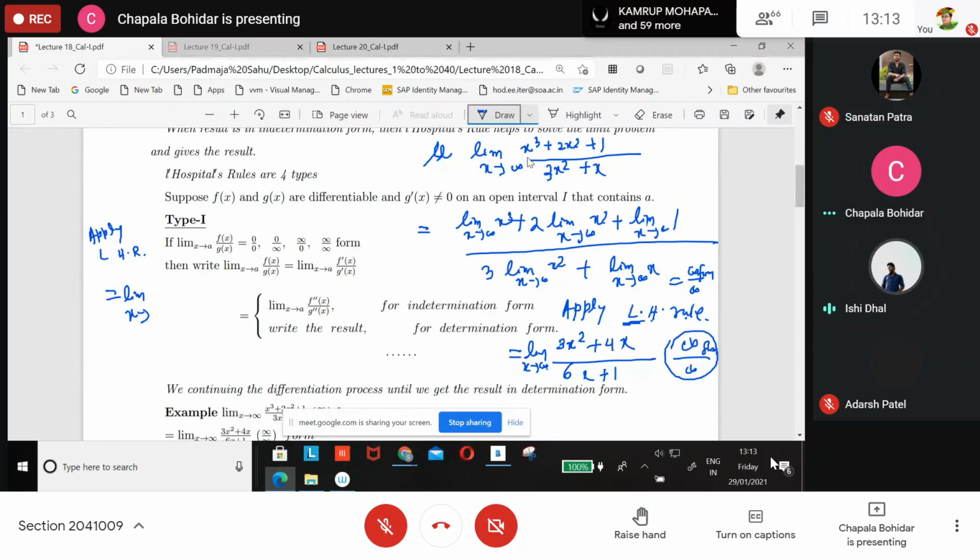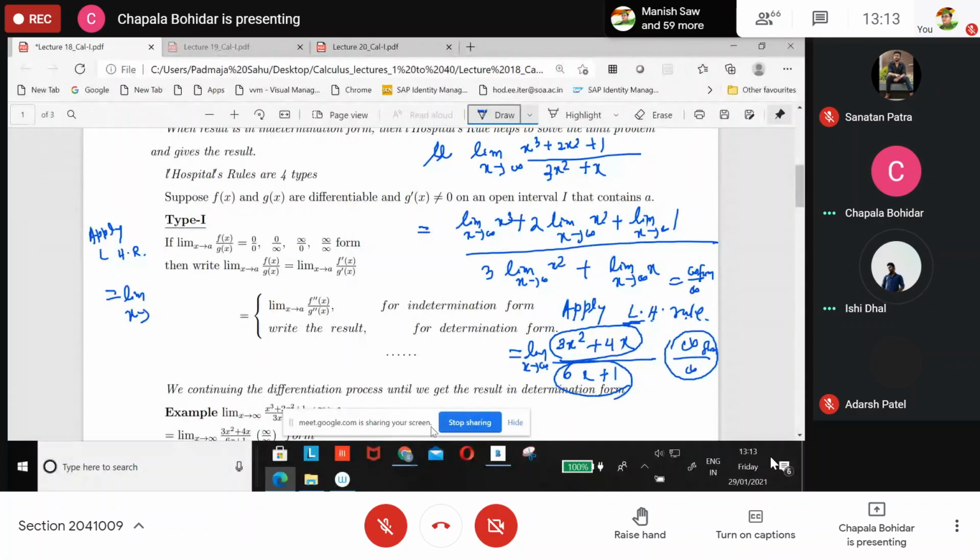Doubt, ma'am. After getting infinity by infinity form, you said to differentiate both individually. Or can we solve it at a time with respect to x, f of x by g of x? Or do you have to do it separately for 3x square plus 4x and 6x plus 1? We differentiate the numerator separately with respect to x and the denominator separately.